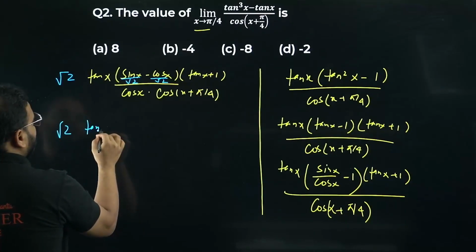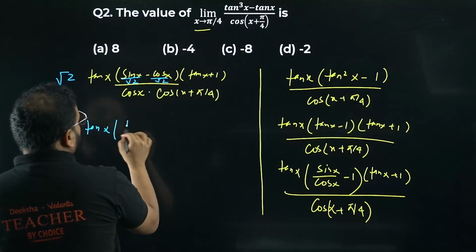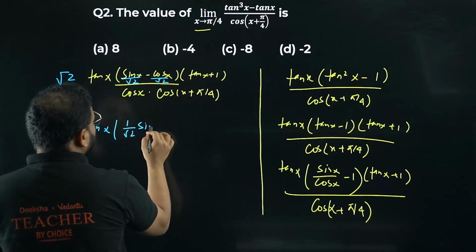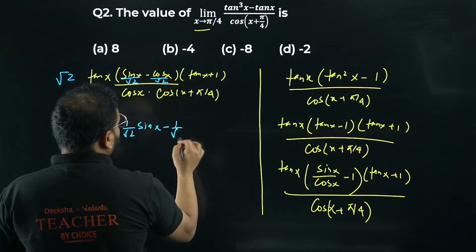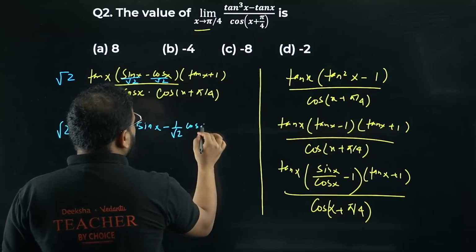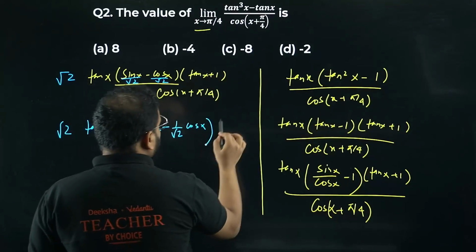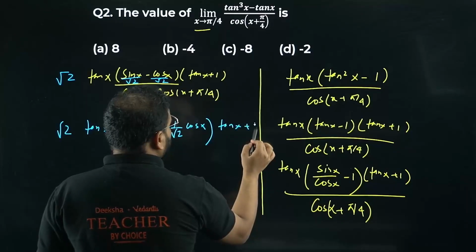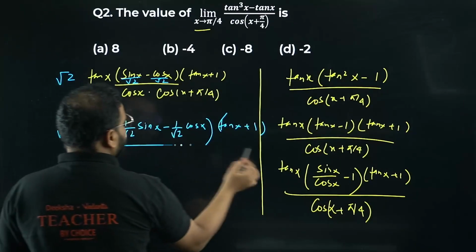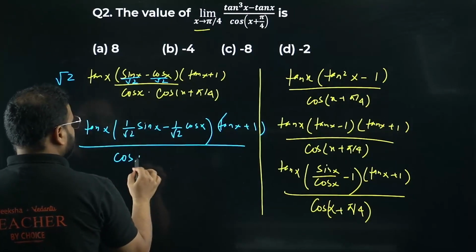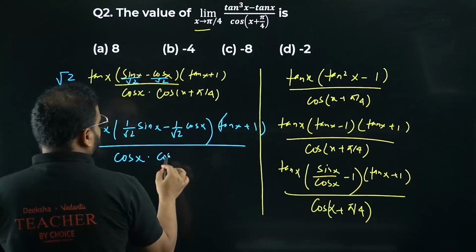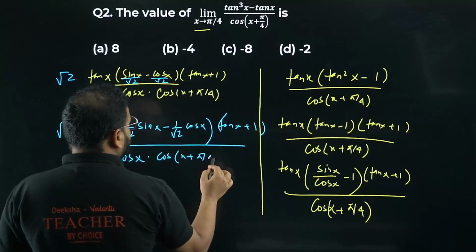I'll have this as root 2 tan x times 1 by root 2 sin x minus 1 by root 2 cos x, times tan x plus 1, divided by cos x times cos of x plus pi by 4.